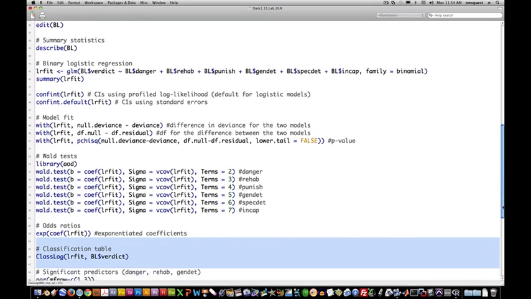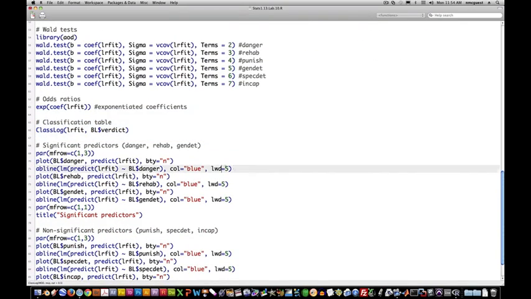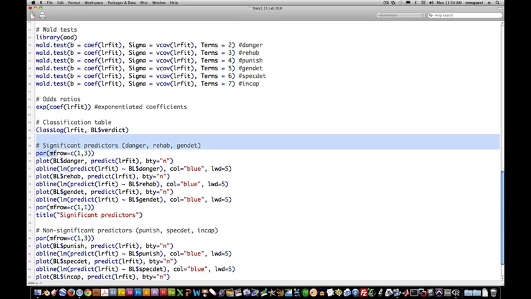And finally, the last thing I'm going to do is just show these graphically. And what I'm doing here is putting them all together. So, well, putting the significant predictors together, and then we'll look at the non-significant predictors. So we can demonstrate the result graphically.